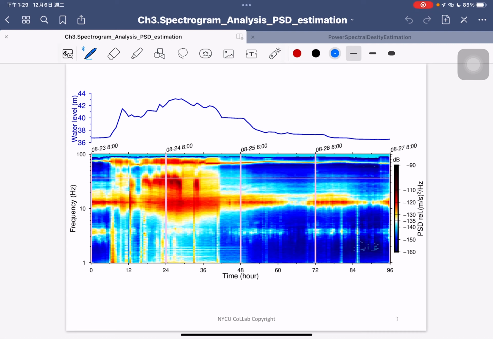But if you focus here, the much stronger PSD values are consistent with the higher water level stage. So maybe the seismic ground vibrations are caused by the water level. The mechanism may be that flowing water generates ground vibrations recorded by the seismic sensor here. Okay, so this is what we need to do today.